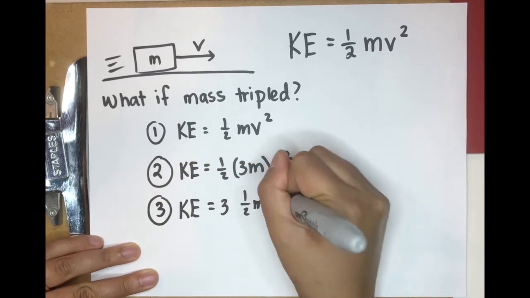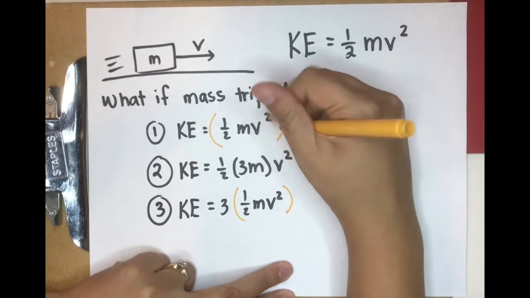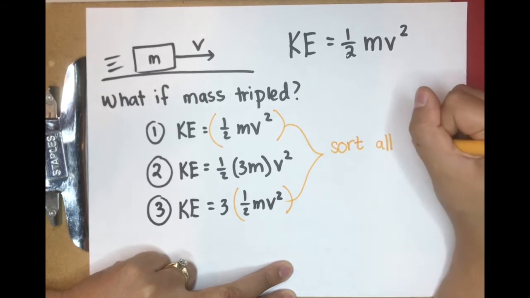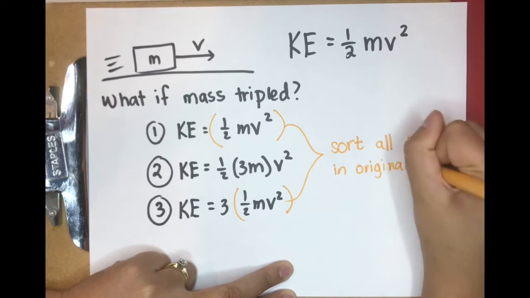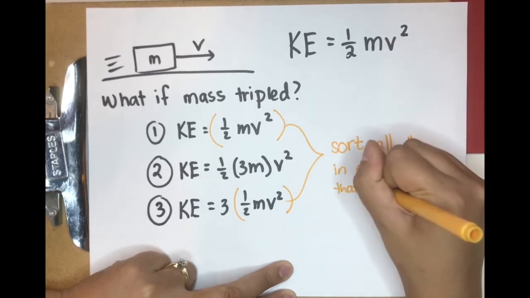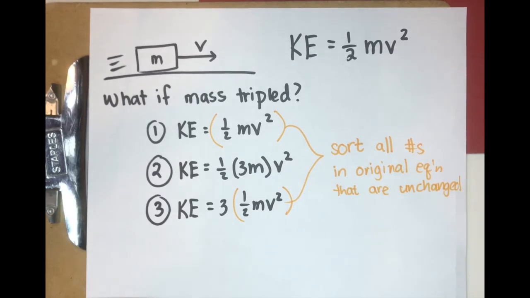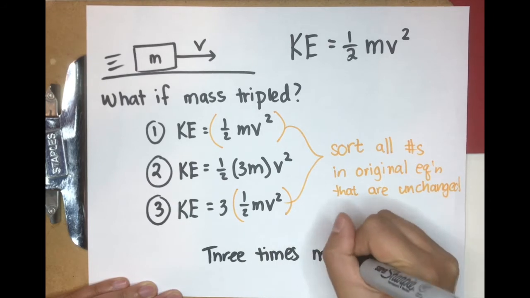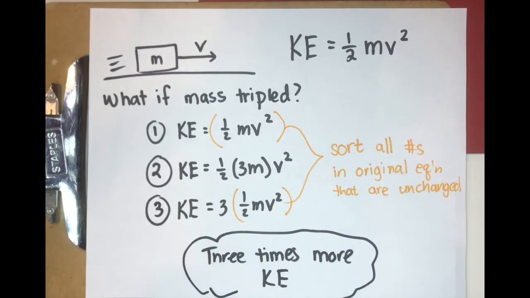I would move the change, the 3, to the left and keep the original equation, 1/2 mv squared, sorted to the right as before. This isn't 3/2 as much kinetic energy. This is 3 times the kinetic energy. Keep the 1/2 with the original equation so that your thing in parentheses on the right is just the original equation, including the 1/2. An object that's 3 times more massive would have 3 times the kinetic energy.